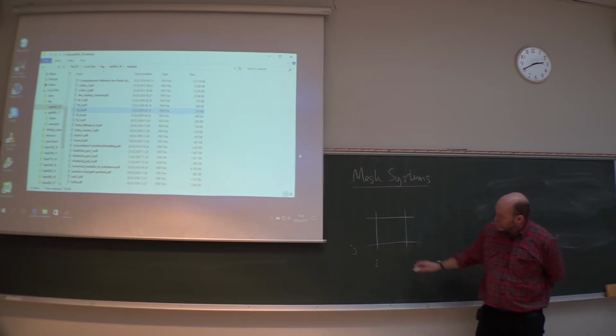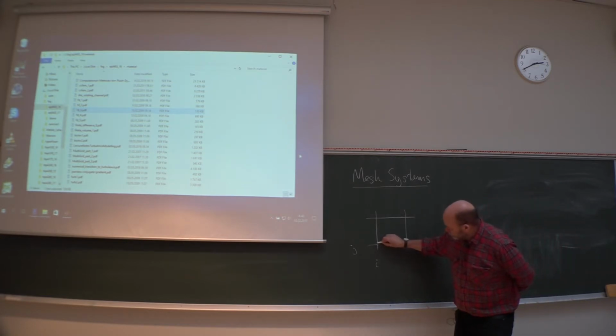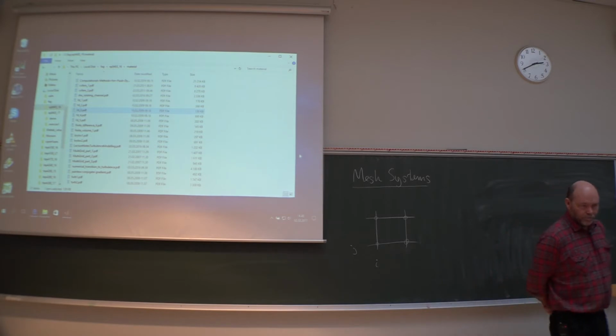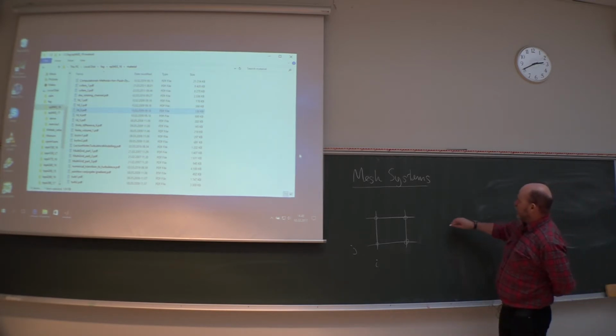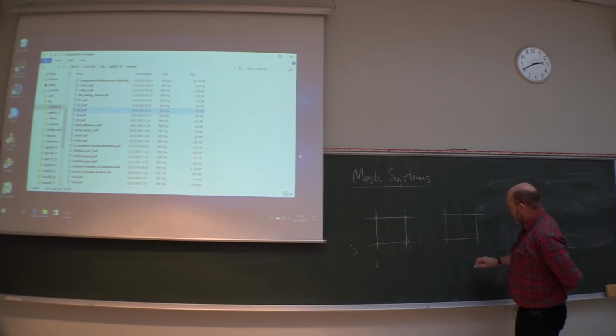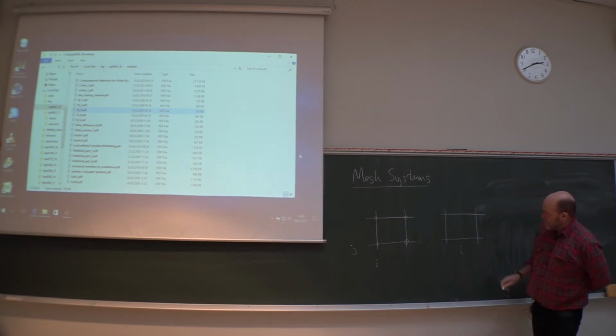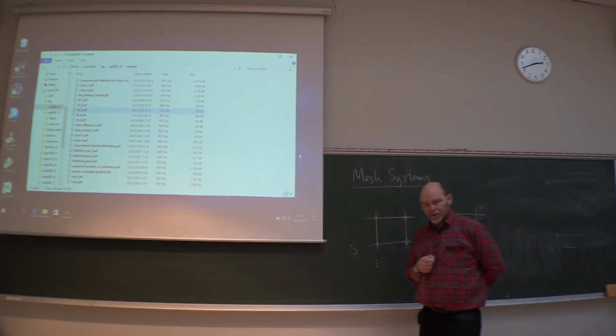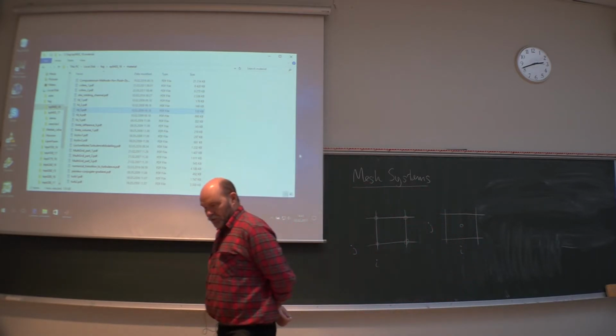So my unknowns were then located here in the corners of such a cell. That's one choice. Another one would then be to say for this cell here, I use i in the center and j in the center. So here is my unknown. That would be a different mesh system. You center your unknowns.